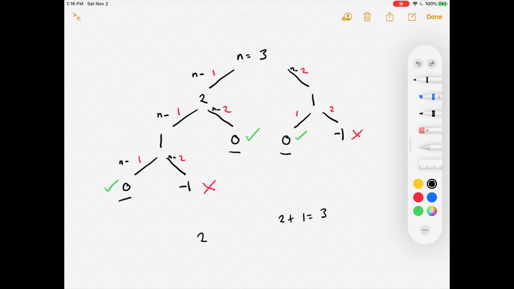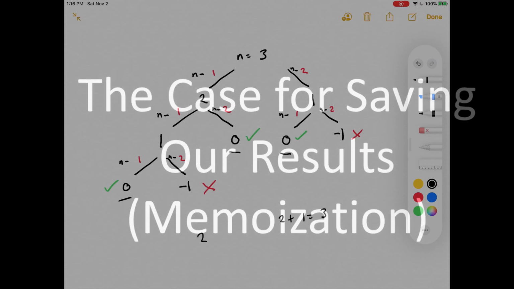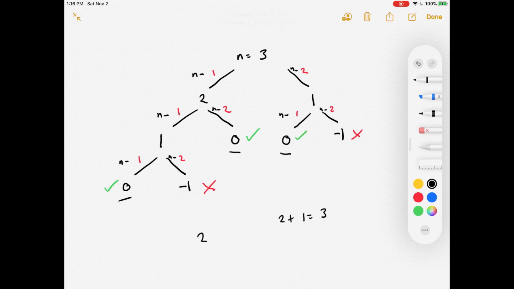If you look to the right, we have the case where n equals 1 again. So for n equals 1, we also have an n-1 case and an n-2 case. But if we remember, we already calculated n-1 over here.